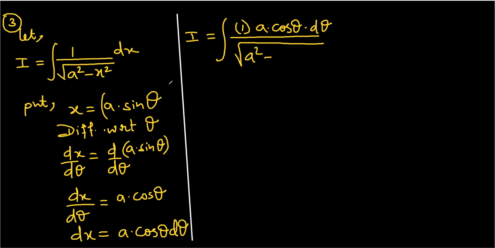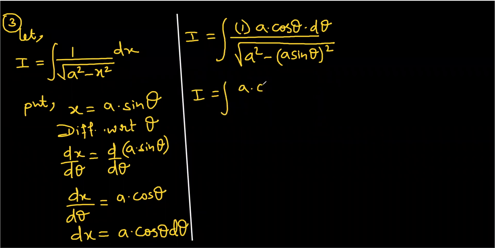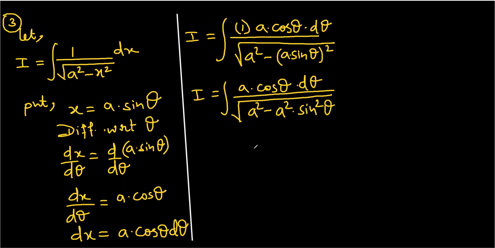X is a sine theta, so a square minus a sine theta the whole square, which is a square sine square theta.